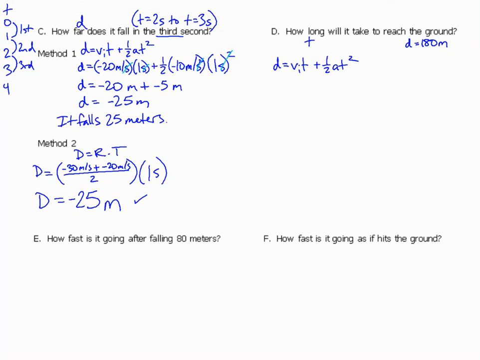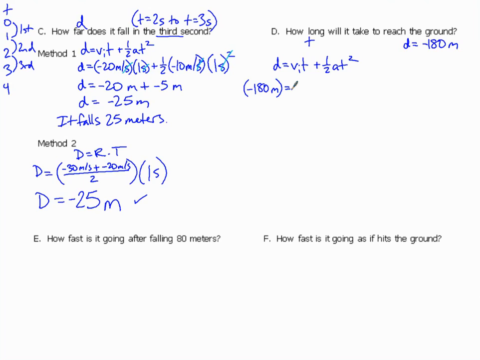So how long? Plugging in our numbers. Distance is 180 meters. Really, we should be more specific. It's falling 180 meters. So distance is negative 180 meters. Remember, negative means down.